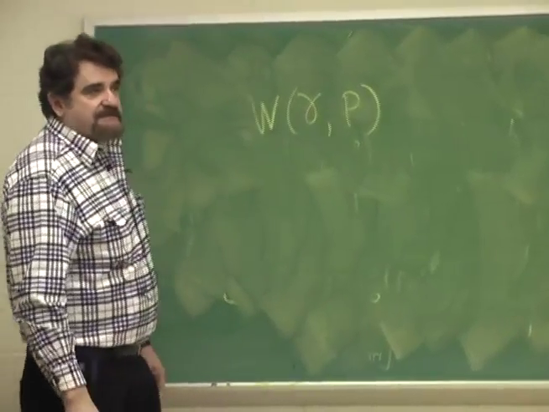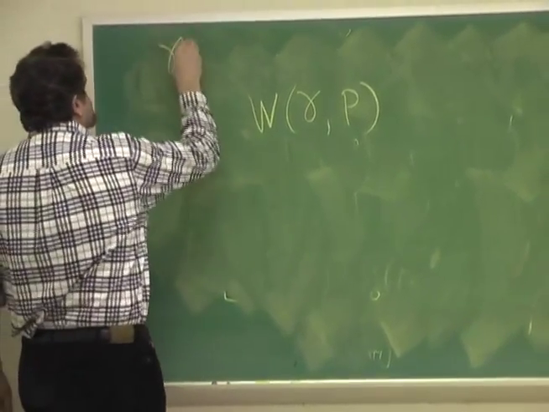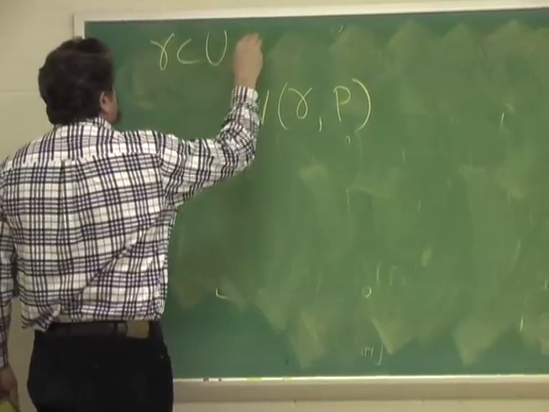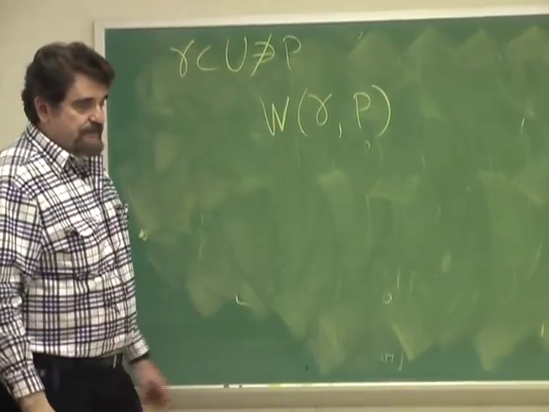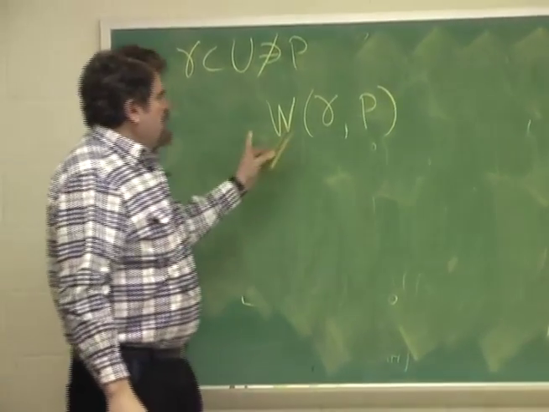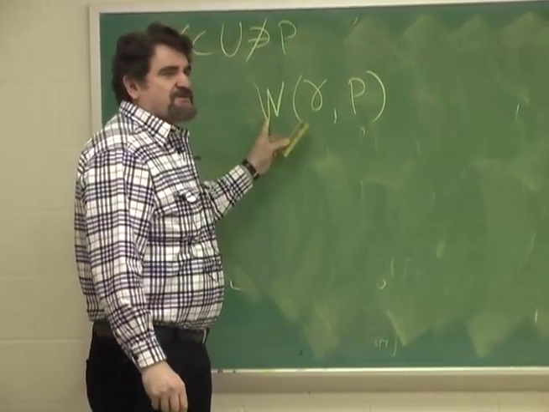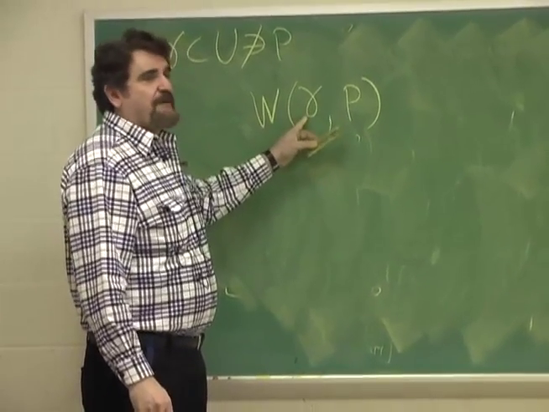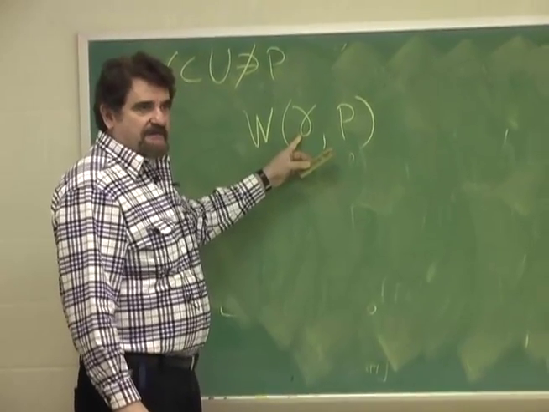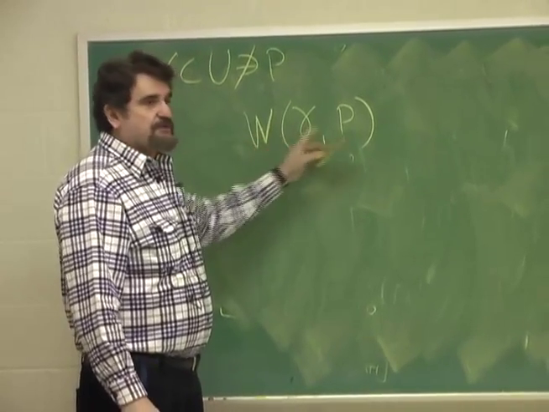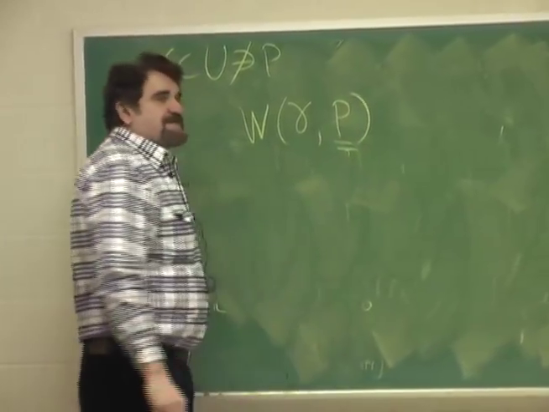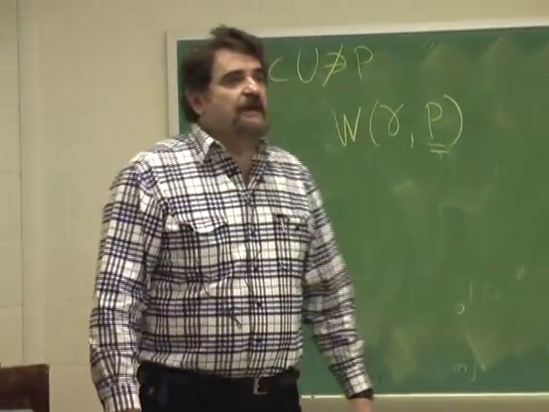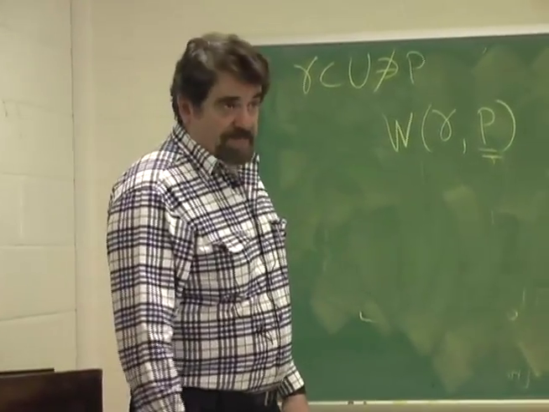We consider gamma in U and P not in U. We know when this is not going to change. Actually, if gamma is replaced by a homotopic curve, then this is not going to change. The question is, how does this quantity depend upon the change of P.